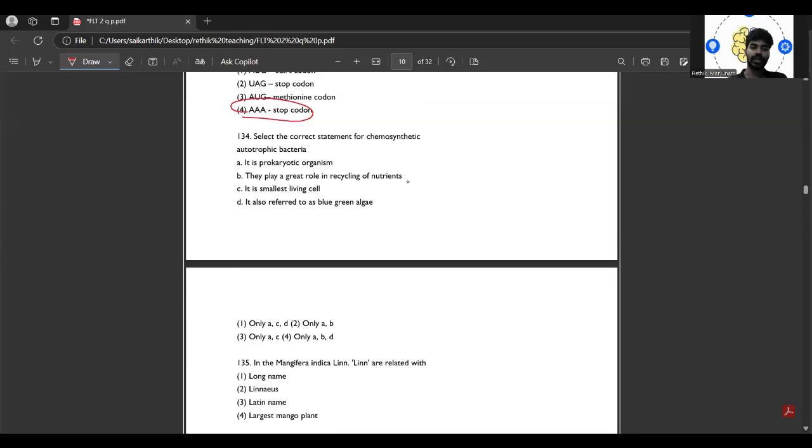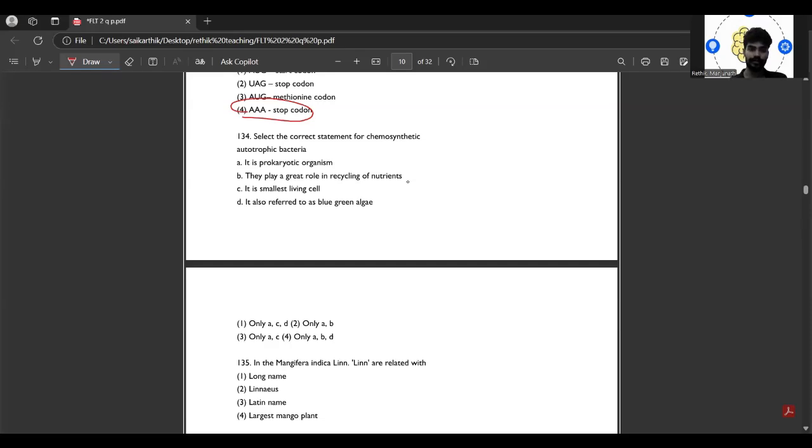Okay, so 134. Select the correct statement of the chemosynthetic autotrophic bacteria. We need to know that. It is a prokaryotic organism. They play a greater role in the recycling of nutrients. It is the smallest living cell. It is also referred to as blue-green algae. So what would be the correct answer? They play a greater role in the recycling of nutrients, that is fine.